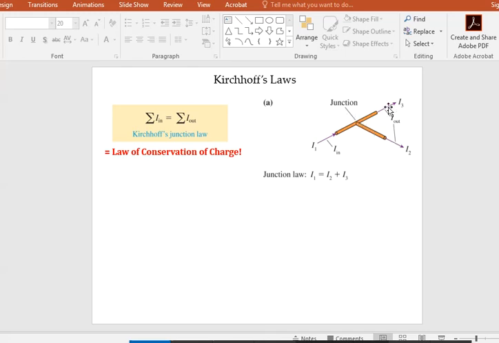Well, that must mean that 40 of them went straight, given that none of them went actually backwards. So that statement, as far as current or the flow of charges goes, says that I1, in this case the current that goes into the junction, is equal to I2 plus I3. That's what these little sums mean. They're the Greek letter sigma, which means a sum, meaning adding up everything that goes into a junction and then everything that goes out of a junction, and that those two should be equal to each other.